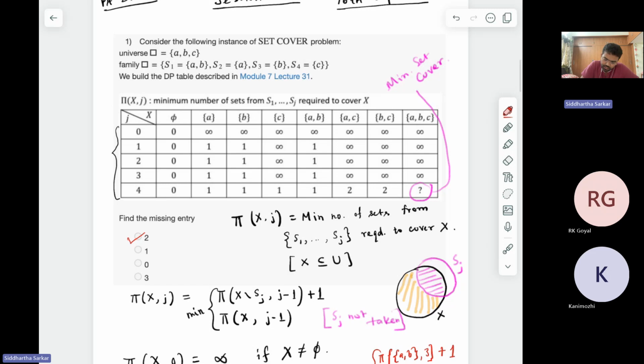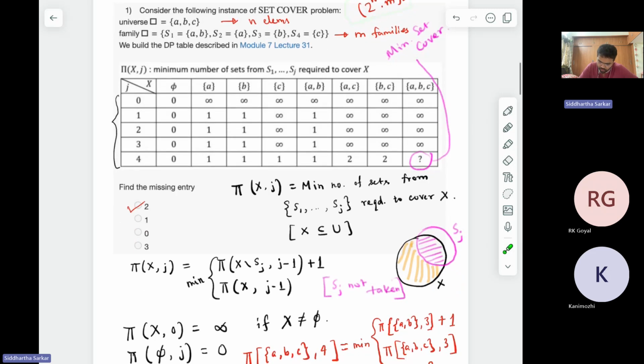In general, if there are m families and there are n elements in the universe, then the running time is definitely 2 to the power n times m into whatever is the cost of computing one entry. So many entries are in the table for sure.